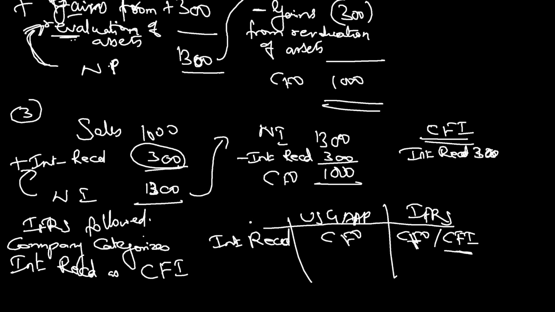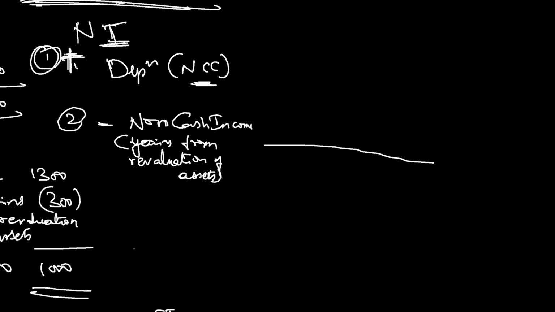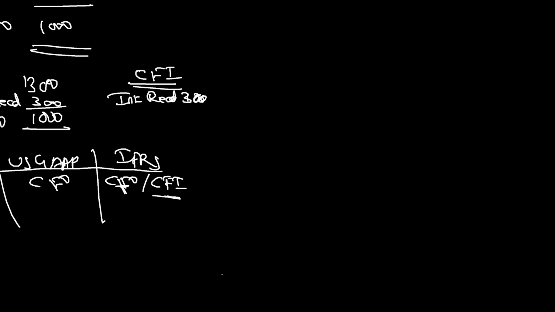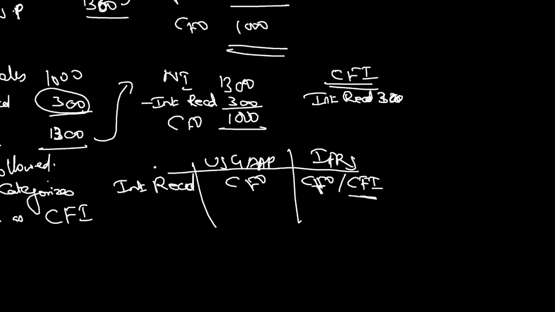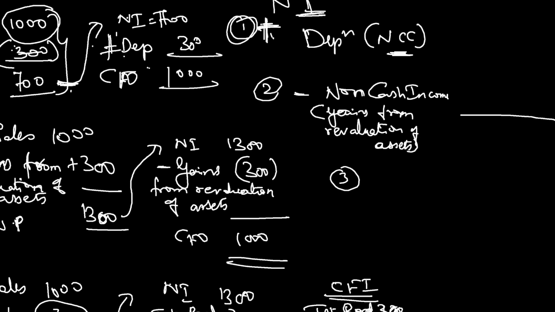Now how do I convert this into the rule of the format? So third rule is, what did I do now? I have reduced the interest received because it was not supposed to come in CFO, it was supposed to come in CFI. So that means undeserving cash income.